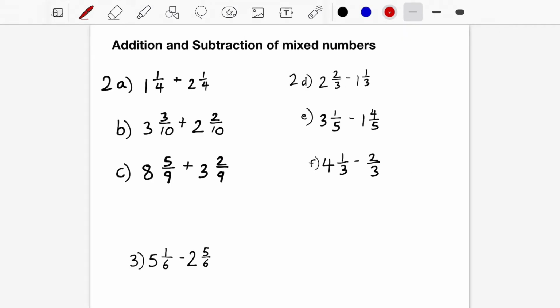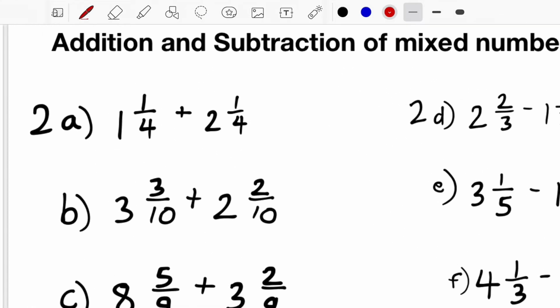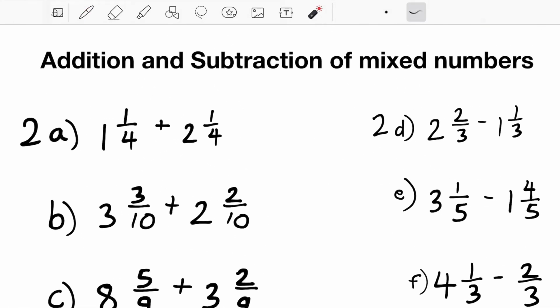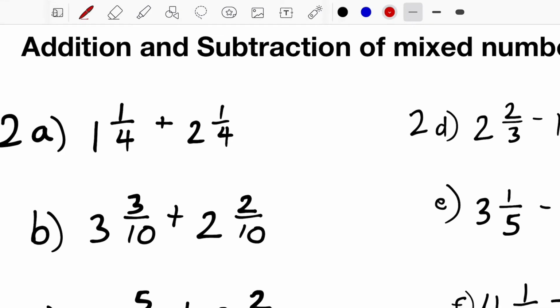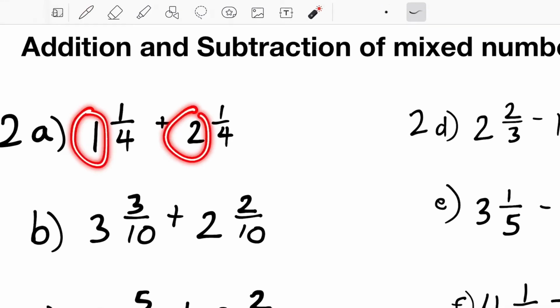Addition and subtraction of mixed numbers. So mixed numbers simply mean whole numbers and fractions combined. So we can add the whole numbers first. So 1 plus 2.